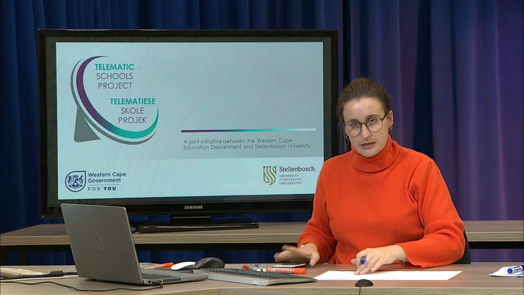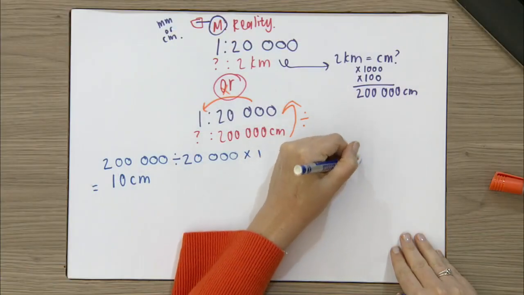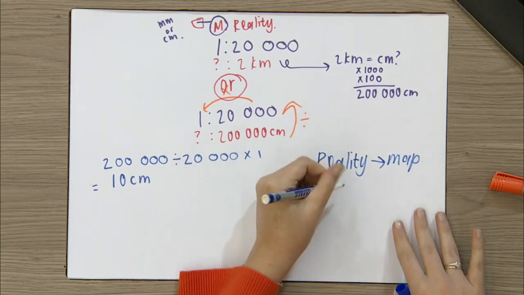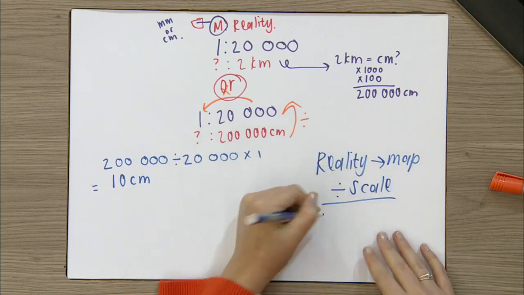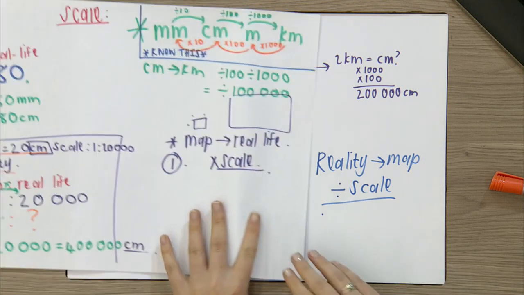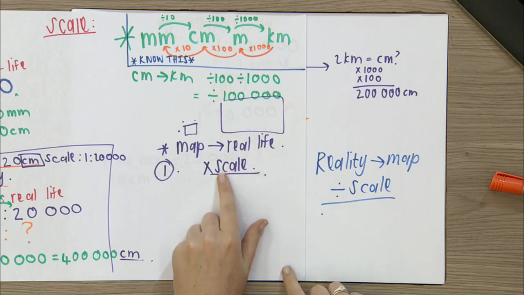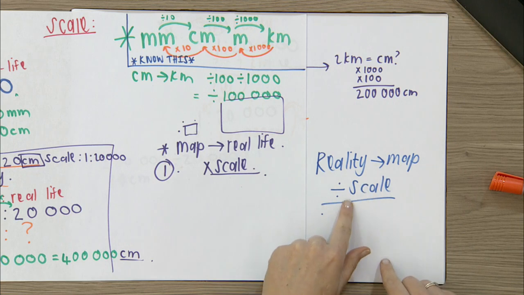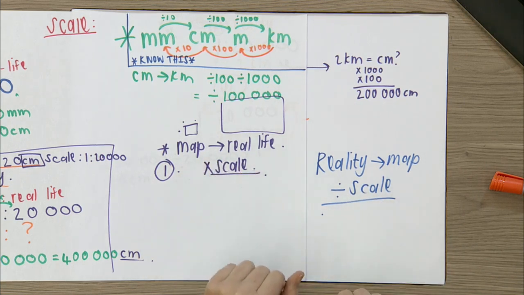So in this case, when we go from reality to the map distance, it is important that we divide by the scale factor. So what do you see here? Here I wrote, if we go from map to real life, we multiply by the scale. Now I said if we go from real life to the map, we divide by the scale. So those are the first 2 types of calculations.